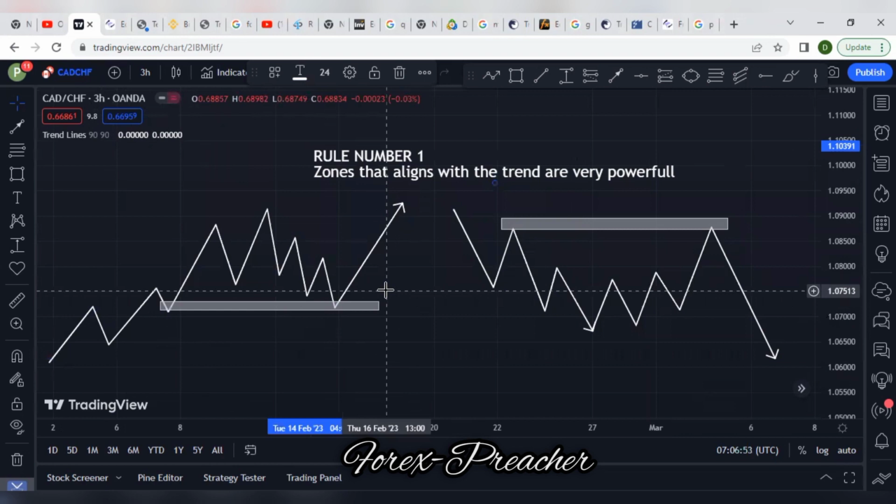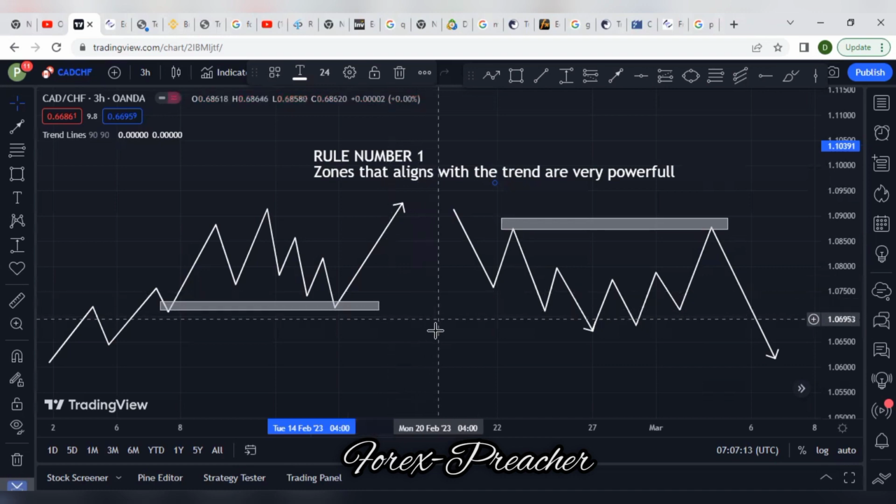Same way, if you have a demand zone in a bearish market, you need to be very careful. But if you have a demand zone in a bullish market, it's very excellent or powerful. And if you have a supply zone in a bearish market, it's also powerful. So just make sure that your zones align with the general trend. So that is rule number one.